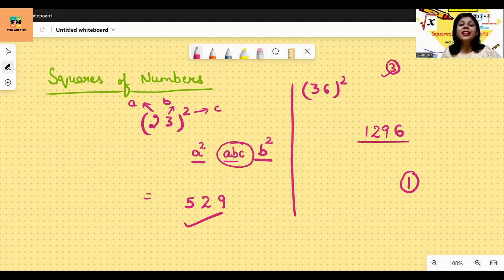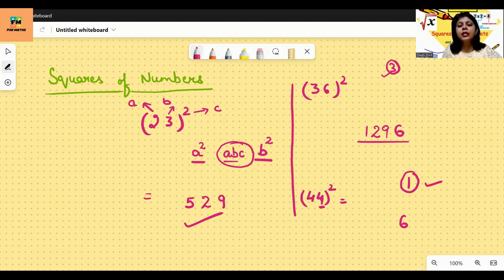Was that easy? Let's check with a few more examples. I'm going to take the next example, which is 44. So let me find out the square of 44. Again, this 4 square is 16. 6, and 1 will be carry forwarded. Now we are going to multiply all these 3 numbers.